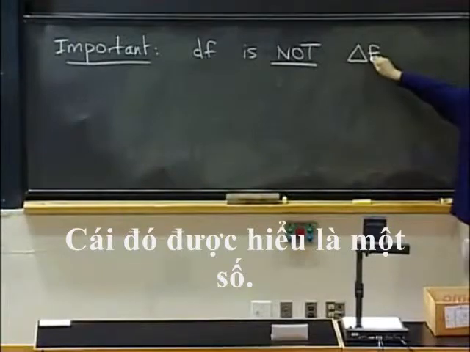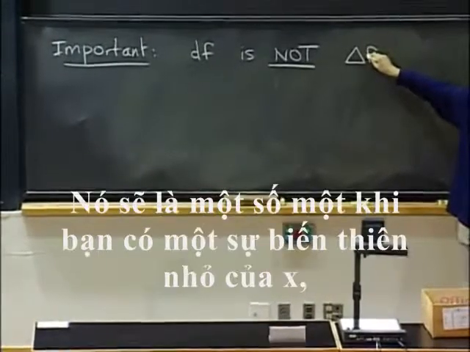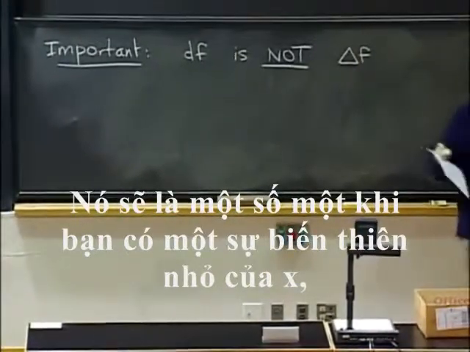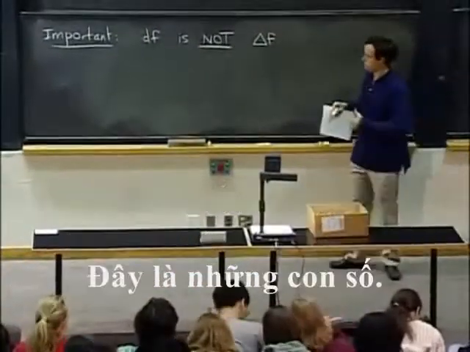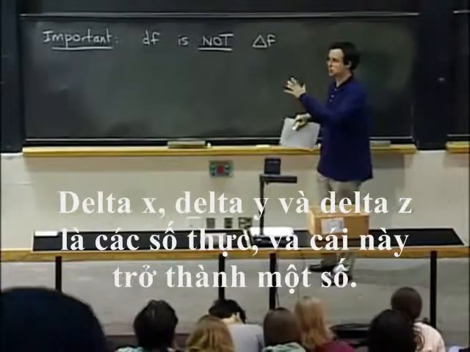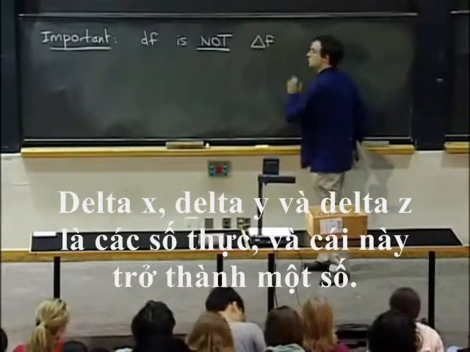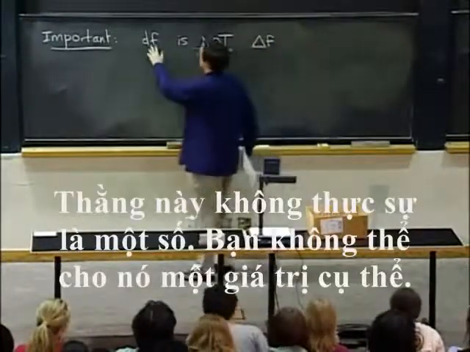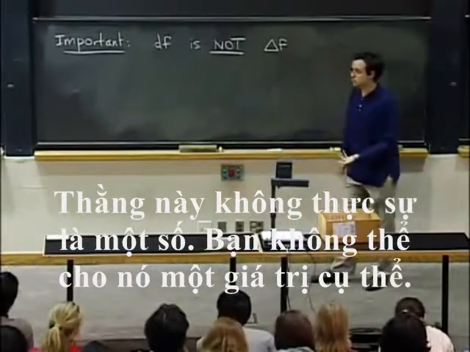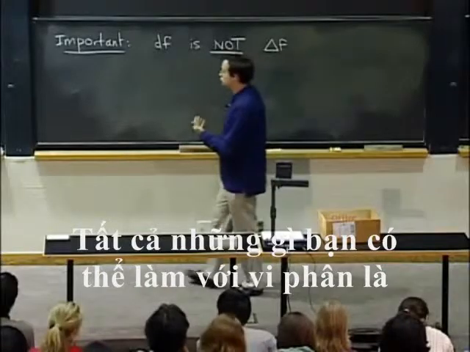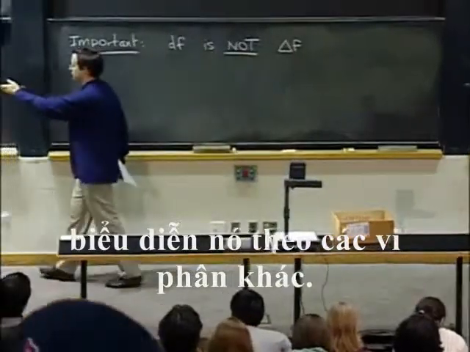Delta f is meant to be a number. It's going to be a number once you have a small variation of x, a small variation of y, a small variation of z. Delta x, delta y, delta z are actual numbers, and this becomes a number. This guy, df, actually is not a number. You cannot give it a particular value. All you can do with a differential is express it in terms of other differentials.